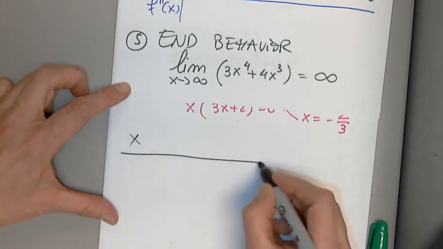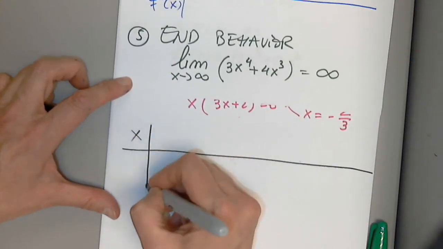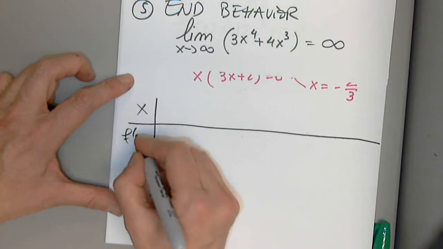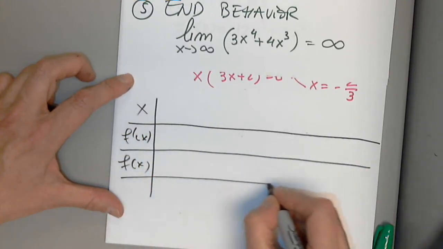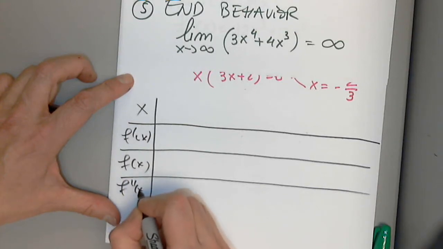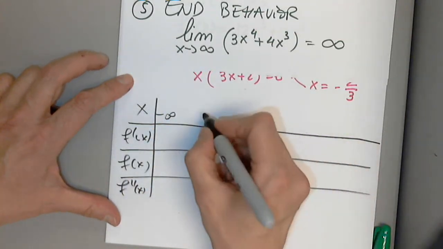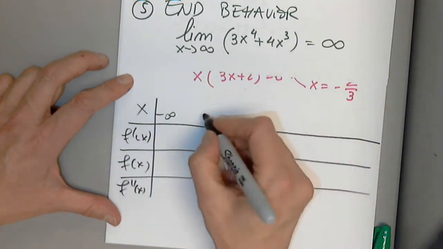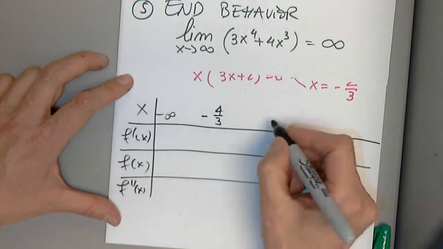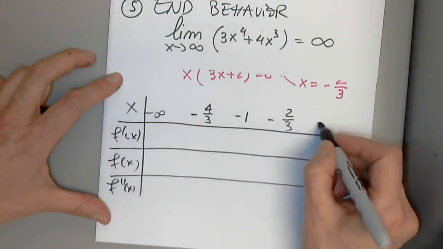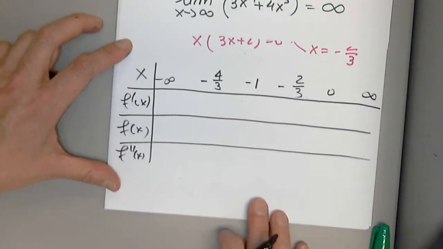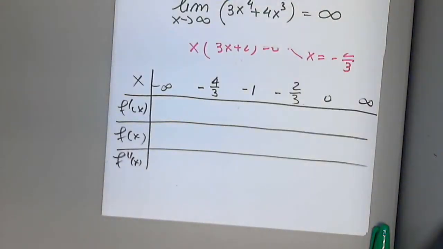But I still want to summarize my information immediately so it doesn't go away somewhere in thin air. This is it. -4/3, -1, -2/3, 0, and infinity. I needed more room in the table. I'm copying the rest.